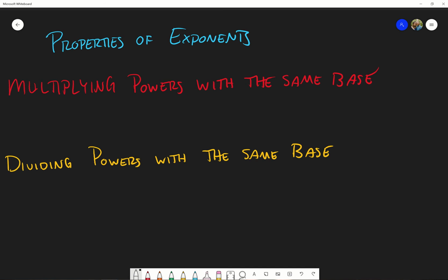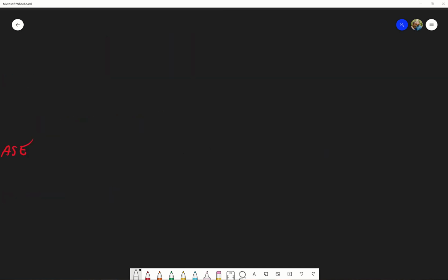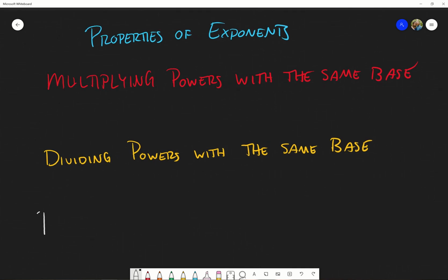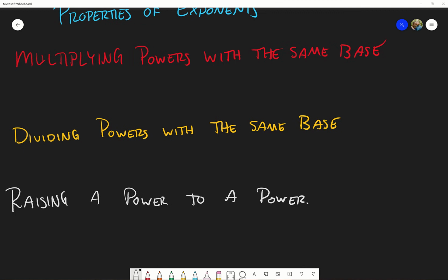And last we're going to talk about is raising a power to a power. Those are the 3 things we're talking about today. Multiplying powers with the same base, dividing powers with the same base, and then raising a power to a power.